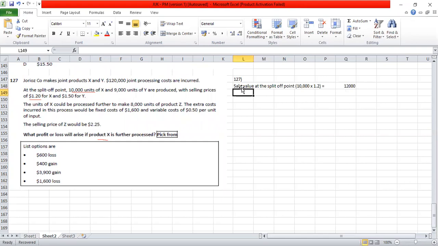After this, we have to compare that with the sale value after further processing. So we also have to calculate sale value after further processing.